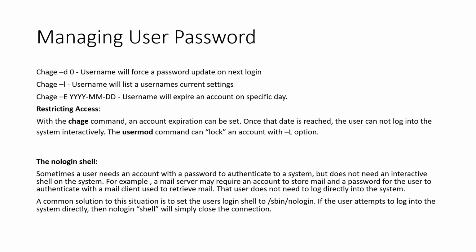Restricting access with the chage command, an account expiration can be set. Once that date is reached, the user cannot log into the system interactively. The usermod command can lock an account with the -L option.